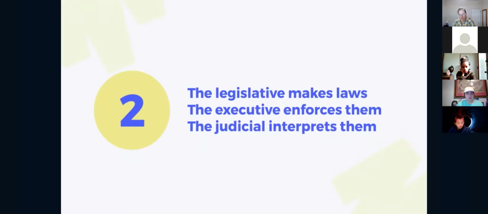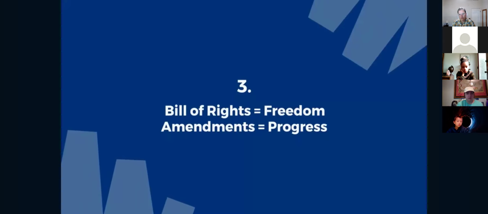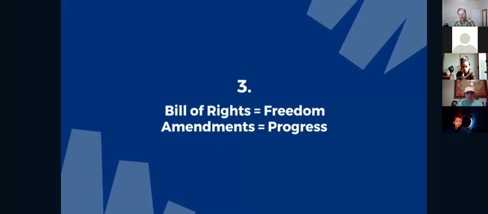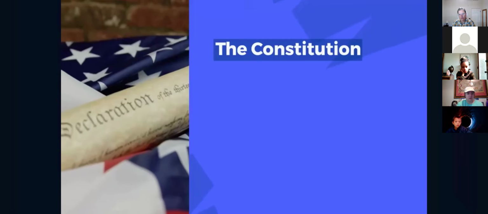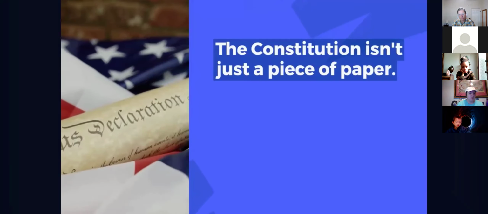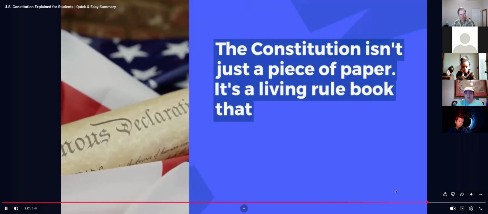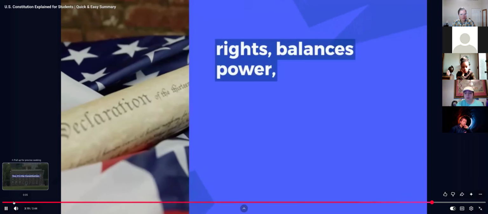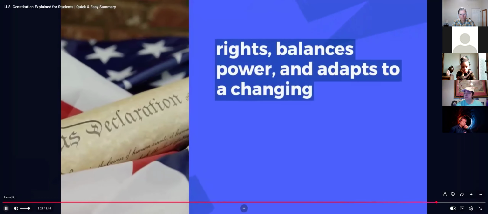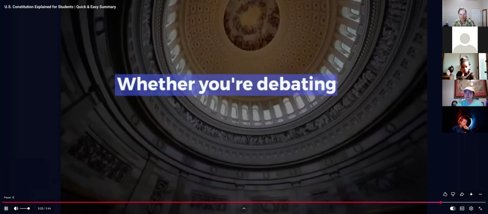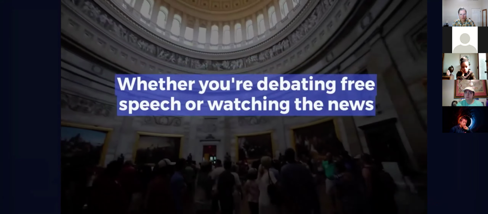Legislative makes laws, executive enforces them, judicial interprets them. Bill of Rights equals your freedom. Amendments equals our progress. The Constitution isn't just a piece of paper. It's a living rulebook that protects your rights, balances power, and adapts to a changing world. Whether you're debating free speech or watching the news, it all goes back to this.